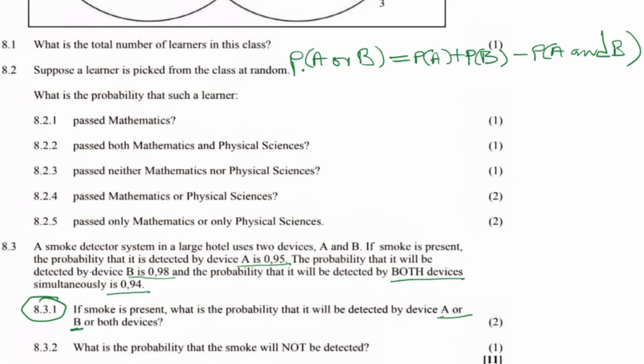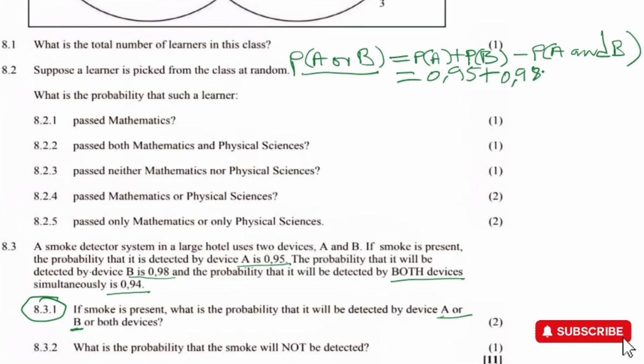So we are going to find the probability of A or B. Are we given the probability of A? Yes, that is 0.95. Plus, are we given the probability of B? Yes, that is 0.98.